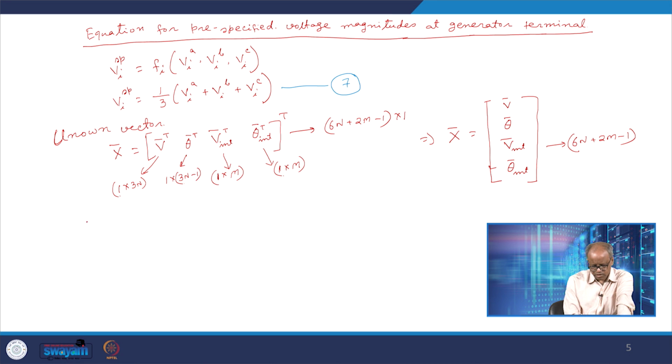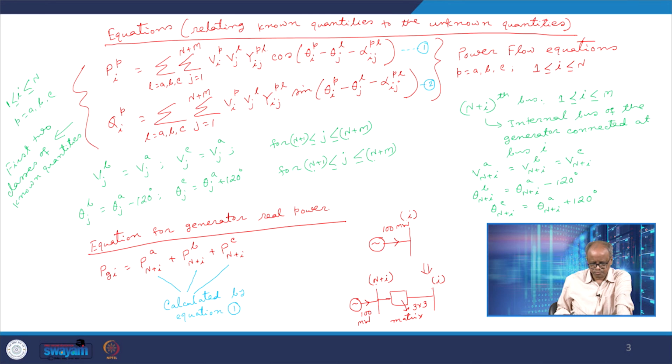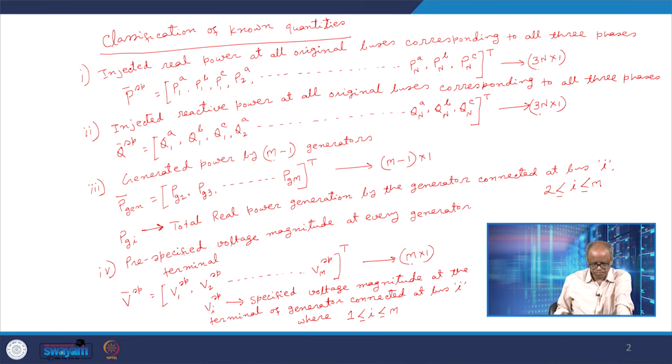And my known vectors, or rather the specified vectors, that is the, let's say, m vector, we say is like this: P specified, Q specified, P gen, V specified.